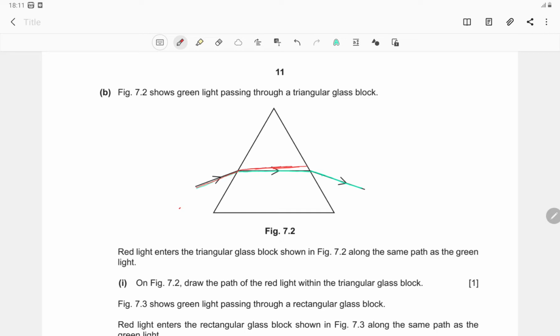And even when passing out of the prism, the bending will be less than the green light. So this is what is going to happen. The important point you need to note down is when the frequency increases, the bending or the amount of refraction will increase. And green light has higher frequency than red light.